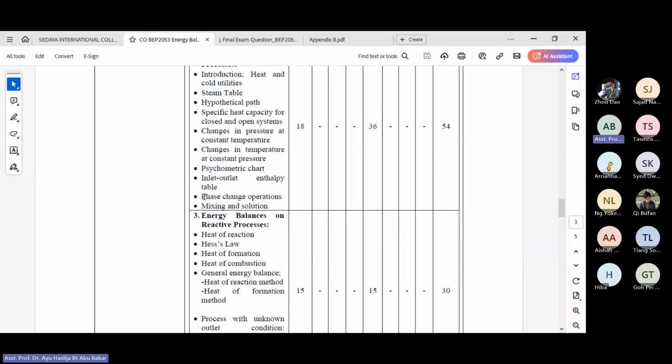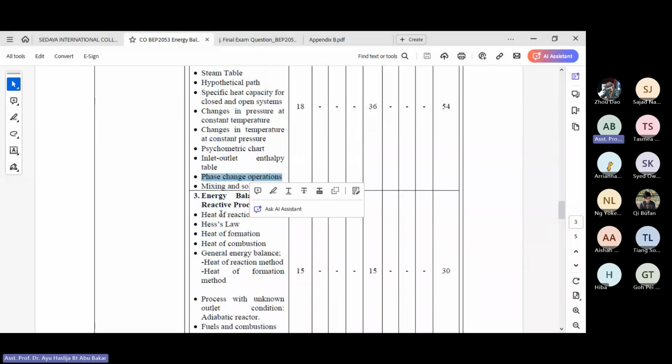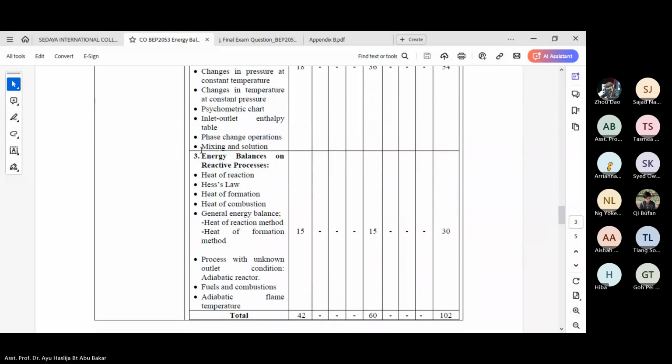For a phase change operation from liquid to vapor, you must involve the heat of vaporization. Mixing and solution. Then topic 3, which is the reactive process.